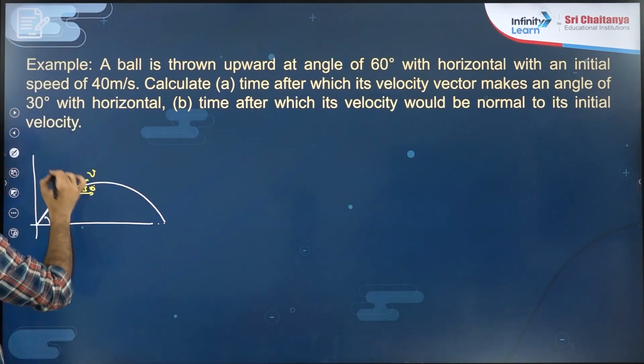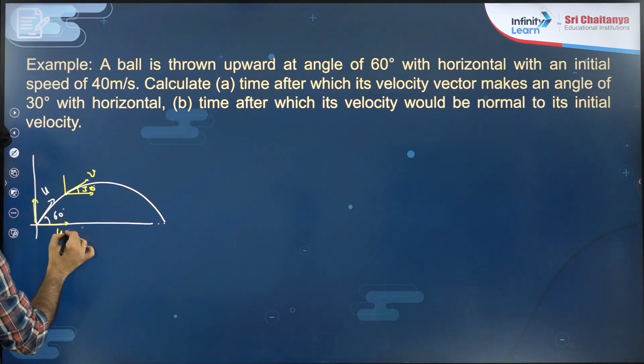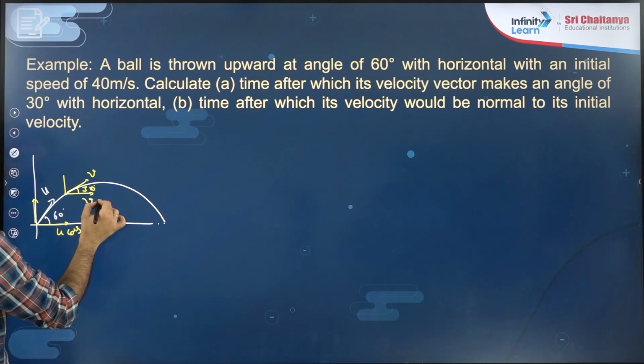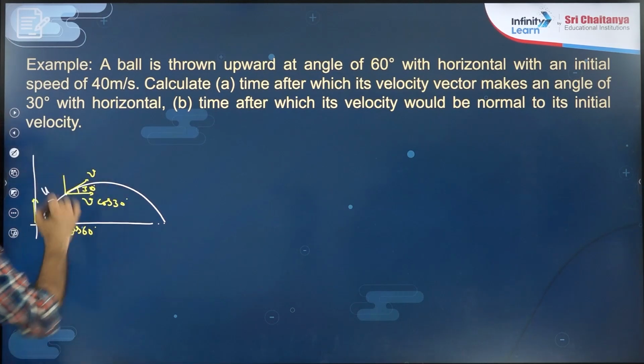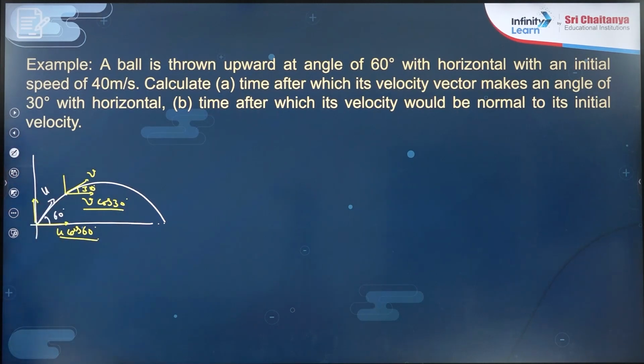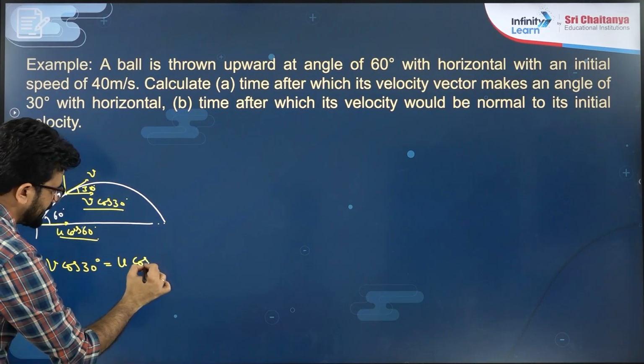But we know one thing here, that the initial horizontal component was u cos 60 degree. Here it is v cos 30 degree. But what is not going to change? The horizontal component is not going to change. That means you can say v cos 30 degree is equal to u cos 60 degree.